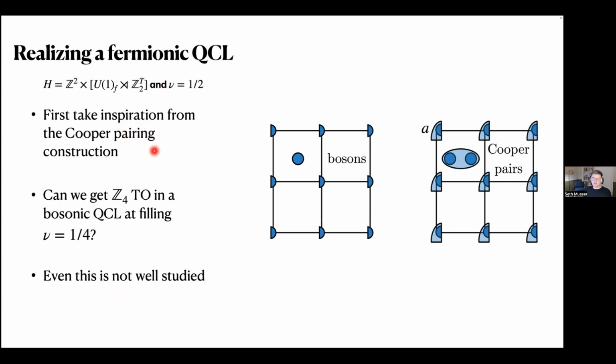So the first thing I want to do is take inspiration from the Cooper pairing construction, where I had bosons, which were Cooper pairs at quarter filling. And I just want to think, can I get a Z4 topological order that realizes a bosonic QCL at filling 1/4? So this is kind of like the dimer model example, which was at filling 1/2.